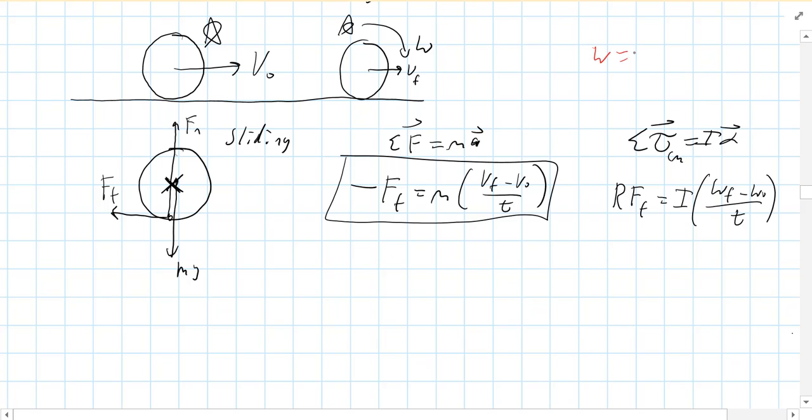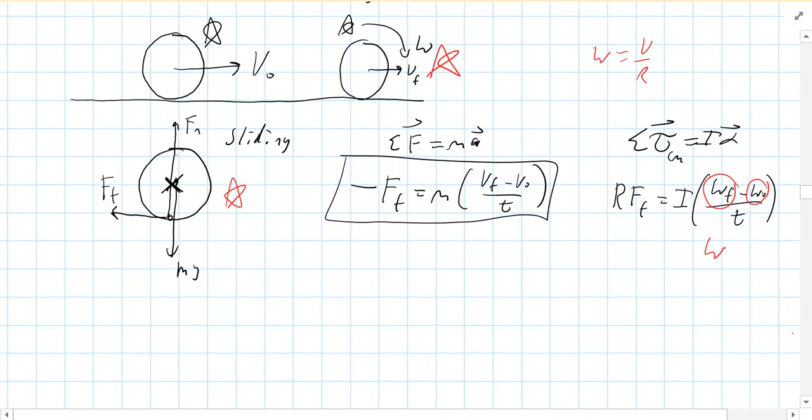Normally, omega is V over R. And because it's rolling at the end, your final omega will be V final over R. But what about omega naught? When we first released this, it was skidding. It wasn't rolling yet.